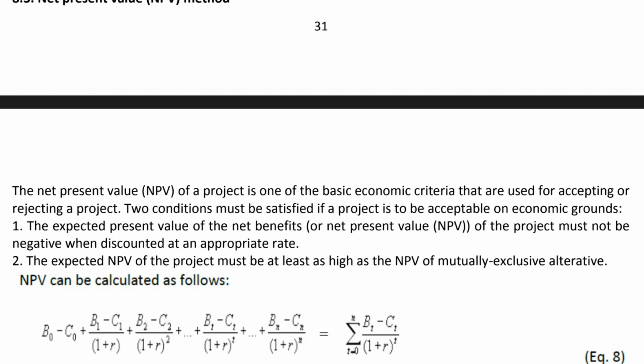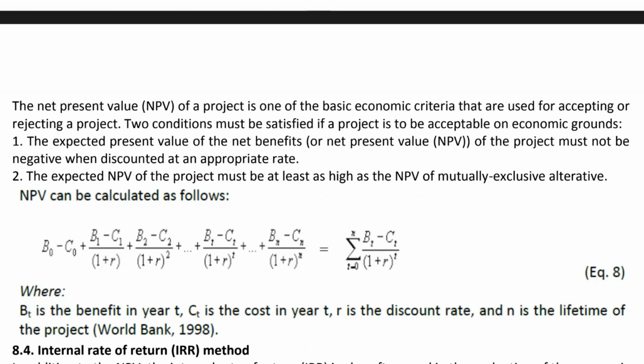So if the subscript, for example, B_t is the benefit in the year t, C_t is the cost in the year t, and r is the discount rate, and if it is running for n number of years, then this is calculated. If we put these amounts in this formula, then we can calculate beforehand whether we should go for this project or not.